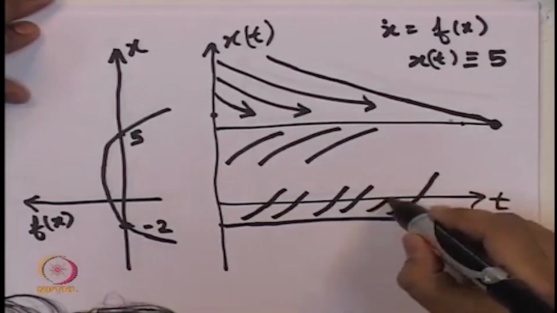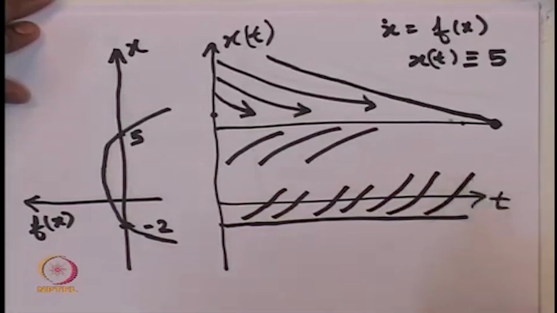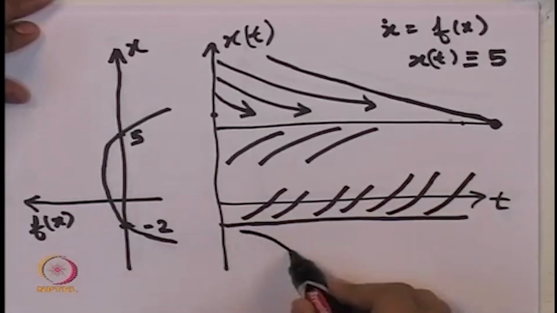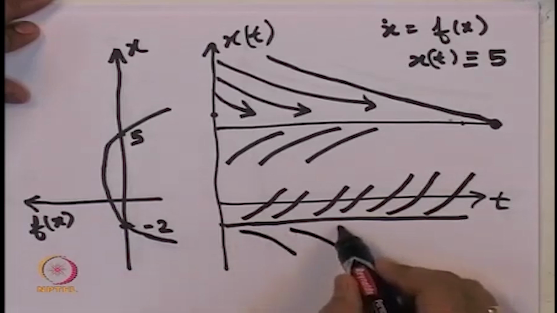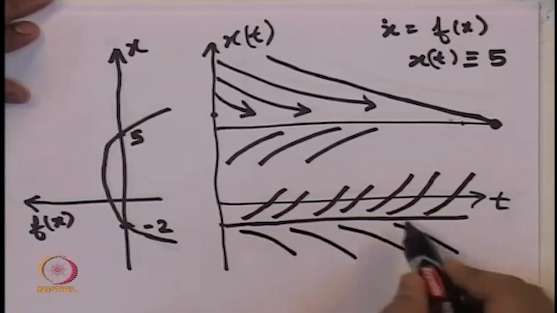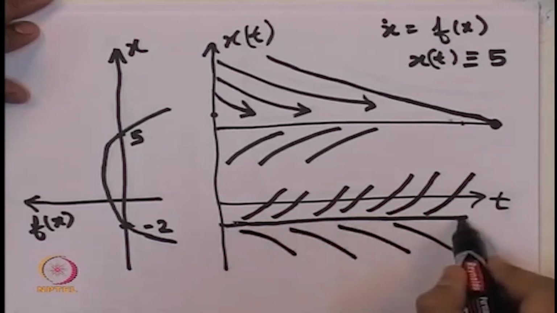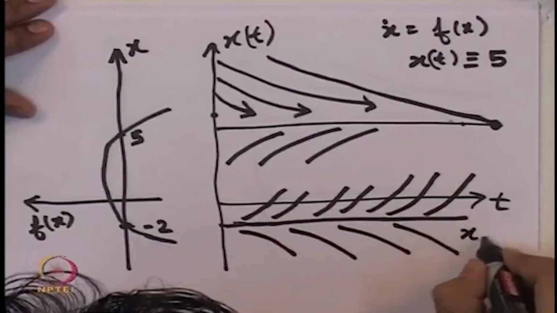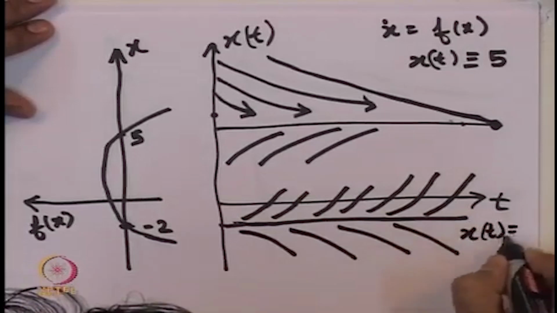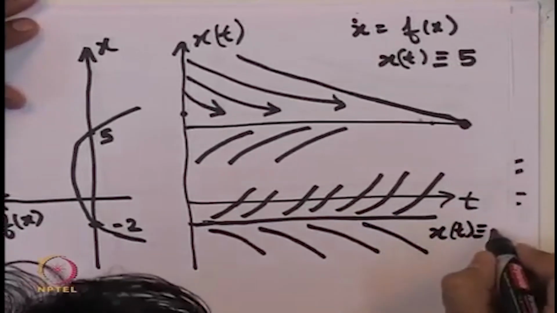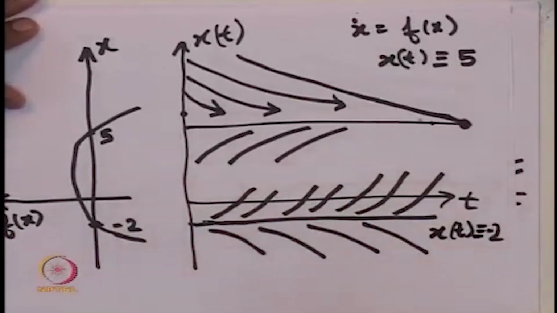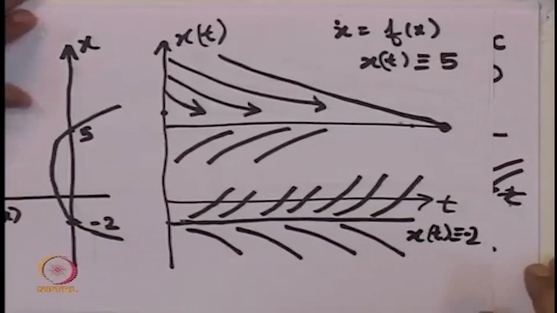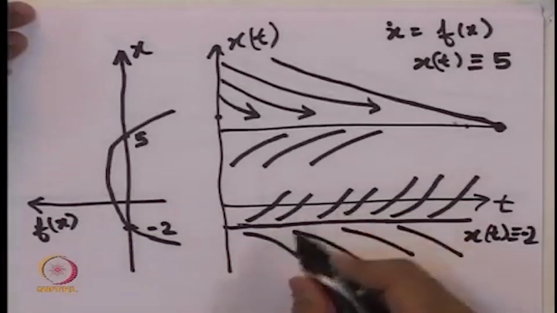These are how important theorems, especially in second order systems, are arrived at. So, we see that all trajectories are going away from this equilibrium solution. What is that equilibrium solution? The constant solution corresponding to x of t identically equal to -2. All trajectories seem to be going away.